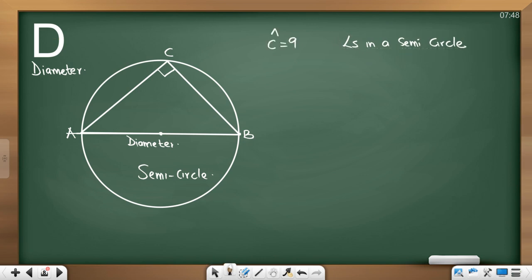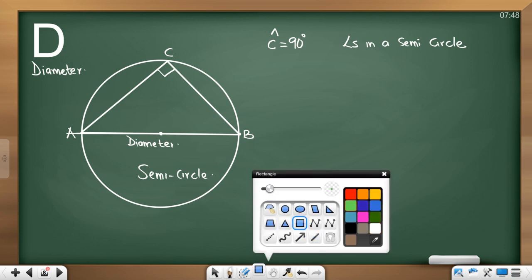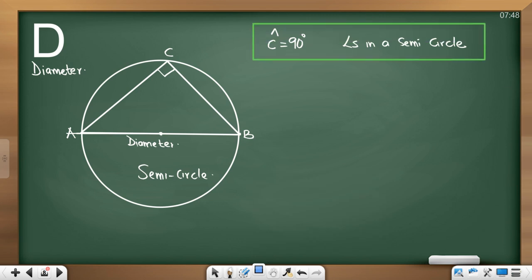Angle in a semicircle. The word semicircle comes from a diameter. And we are done with this. That's the first thing.